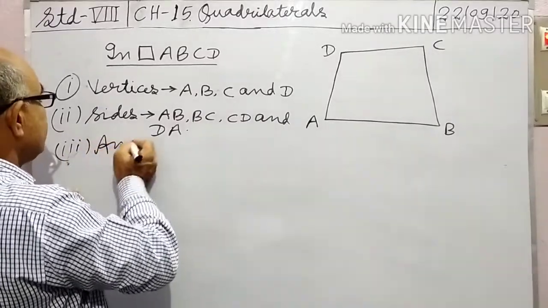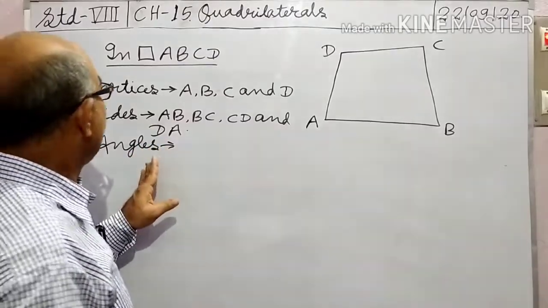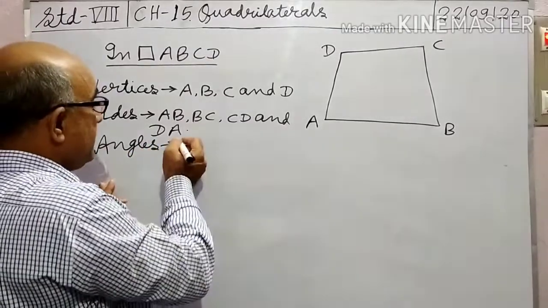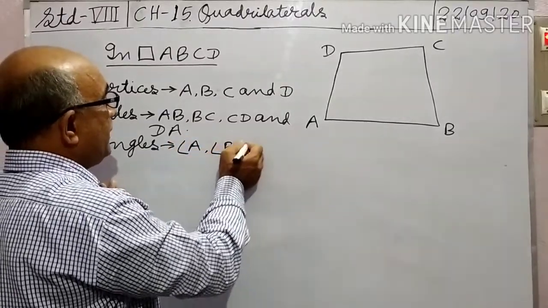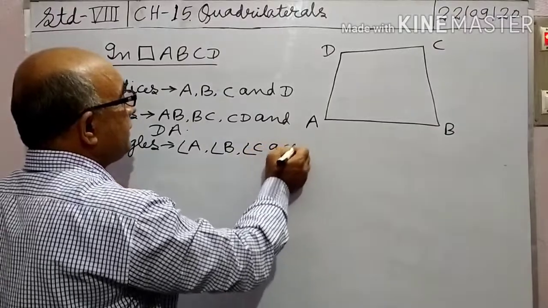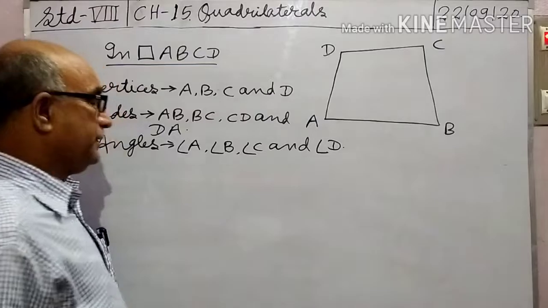A quadrilateral has four angles: angle A, angle B, angle C and angle D.